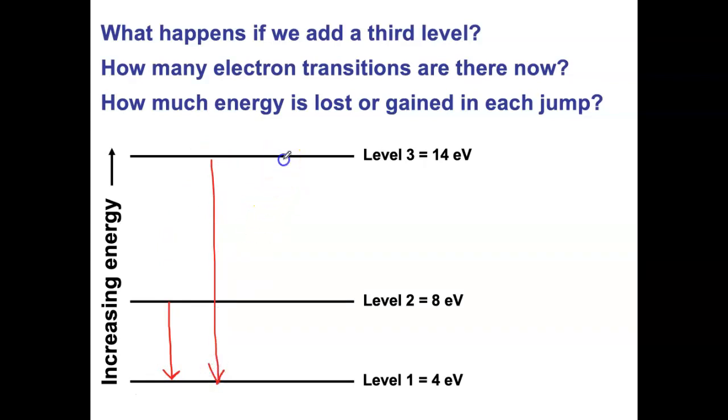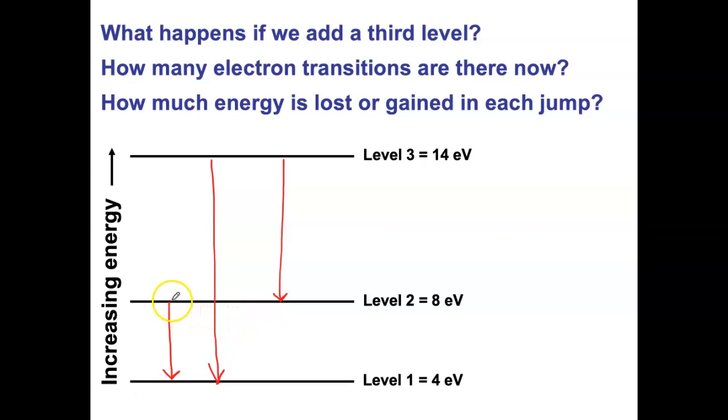Or the electron can go from level 3 down to level 2. Right? If this electron is in an excited state, it's either up in level 2 or level 3, and it'll hang out there for a few seconds until it drops back down, loses energy, and it can lose energy one of these 3 ways.